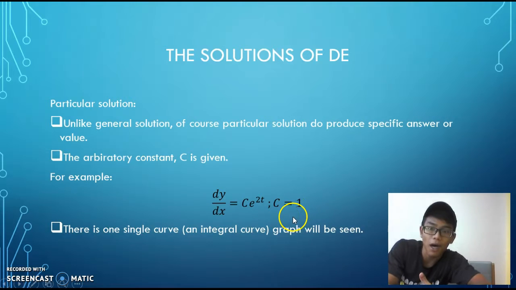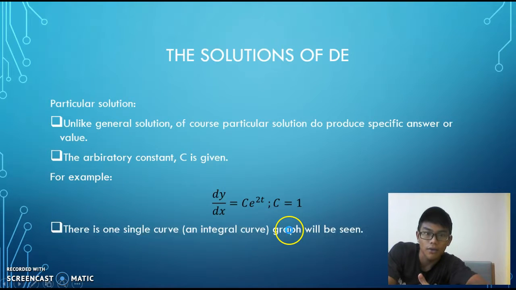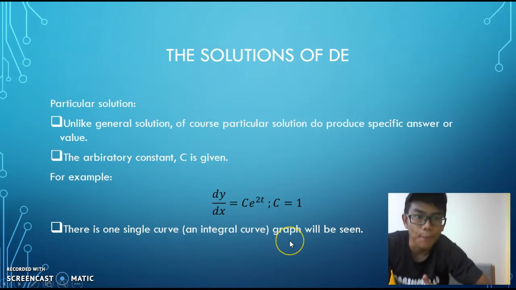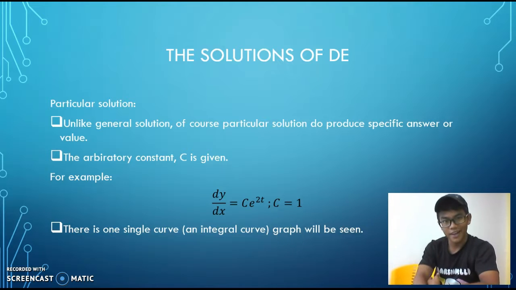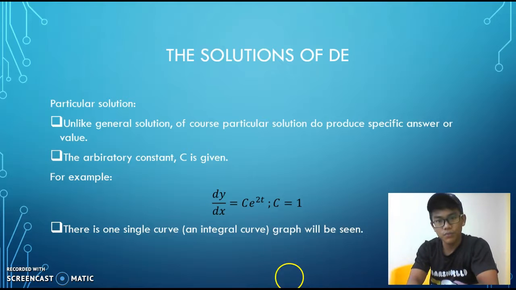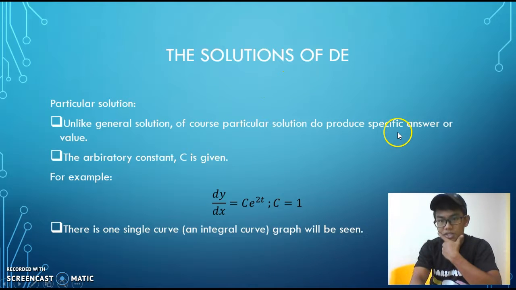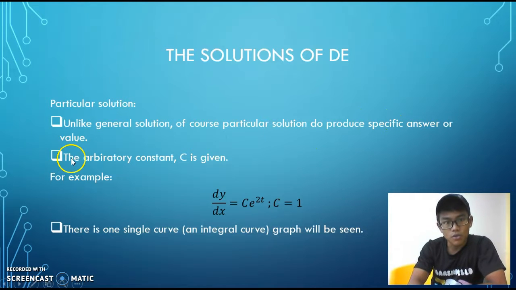So next, particular solution. Particular solution is unlike general solution, of course. The particular solution does produce a specific answer or value, so the arbitrary constant is given.